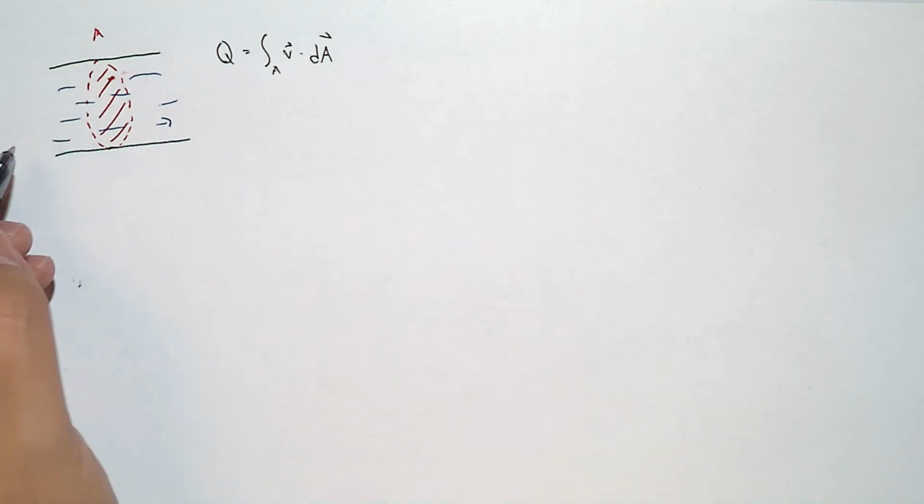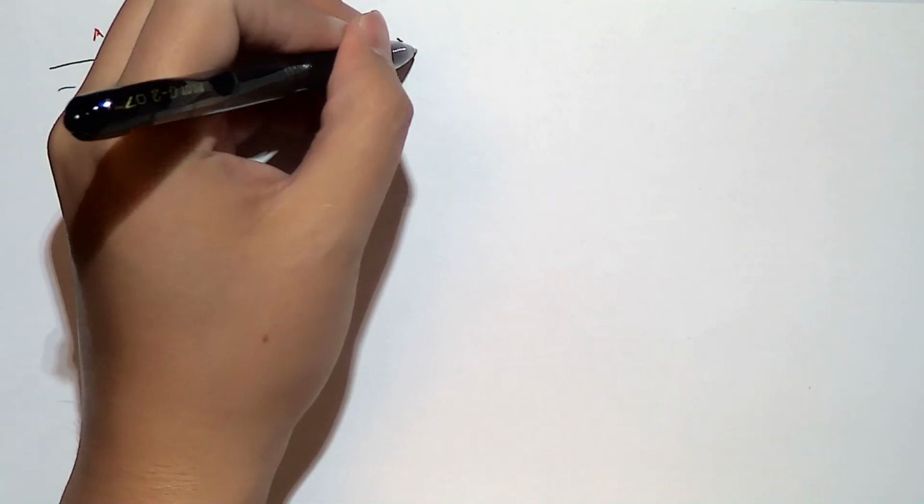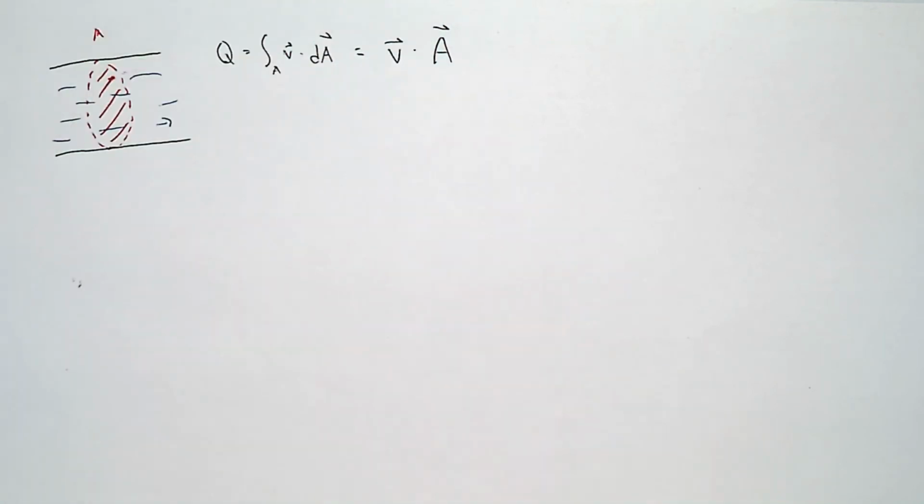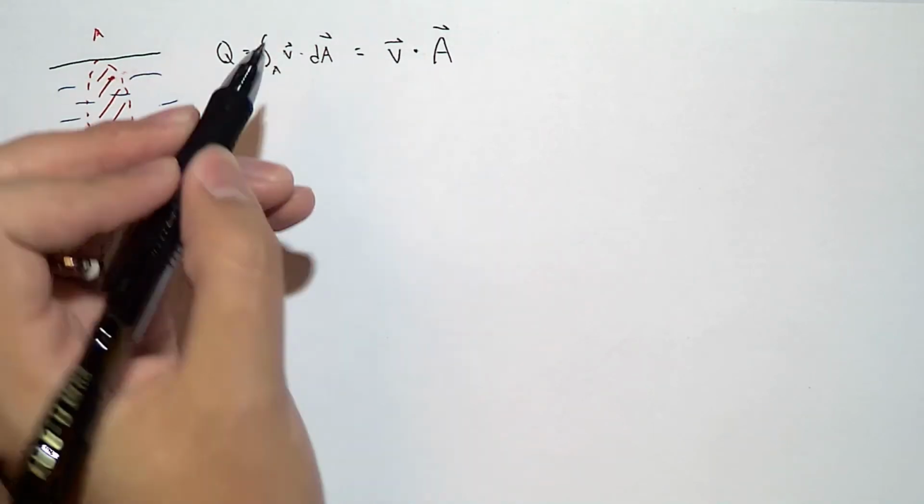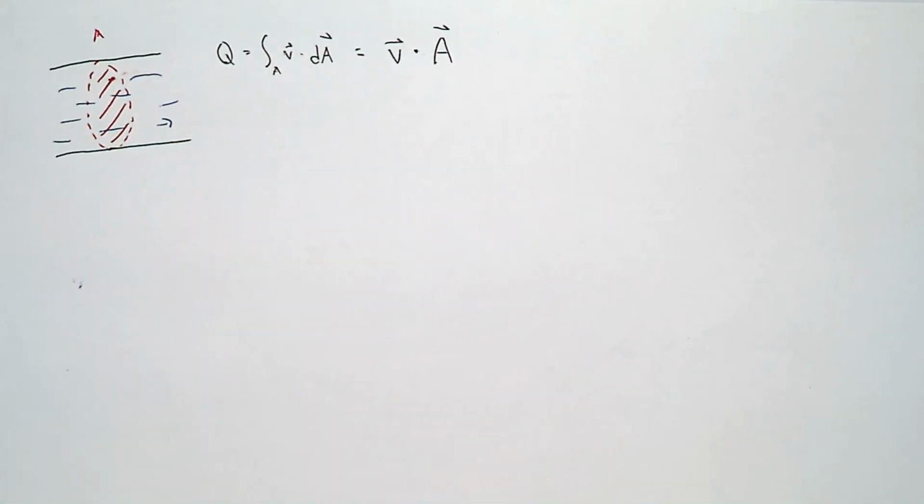Then this integral simply becomes v dot A. Because if every single point in my area has the same velocity, then velocity is essentially a constant, and I just end up with the velocity and the integral of dA, which is just A.